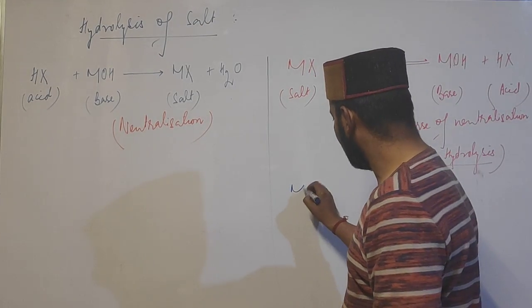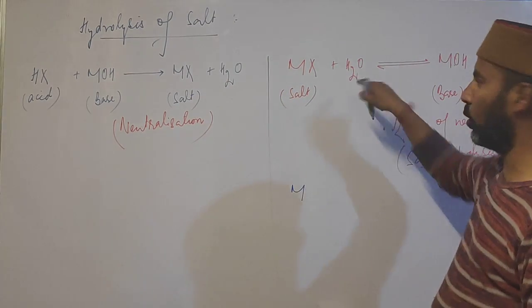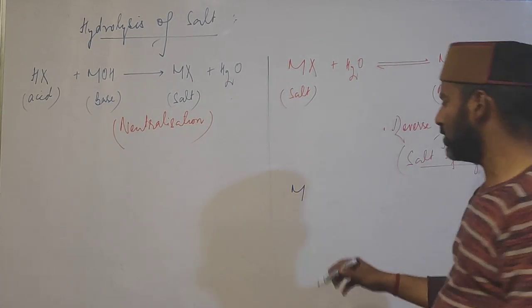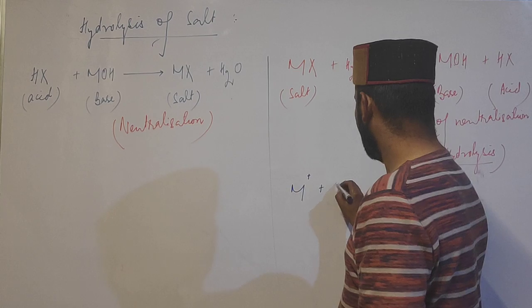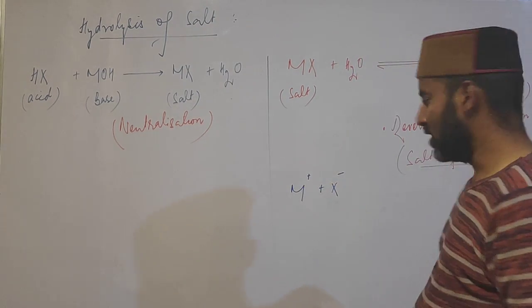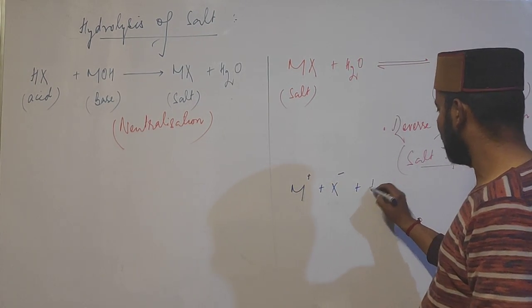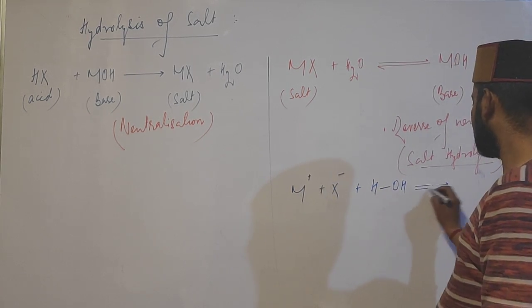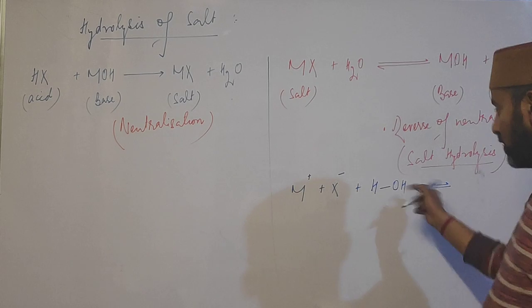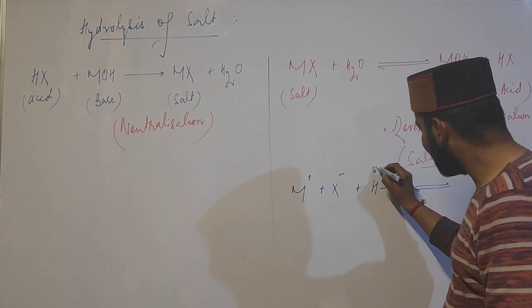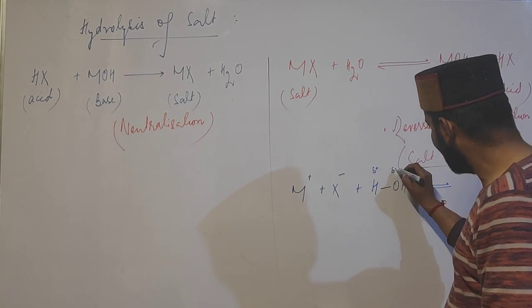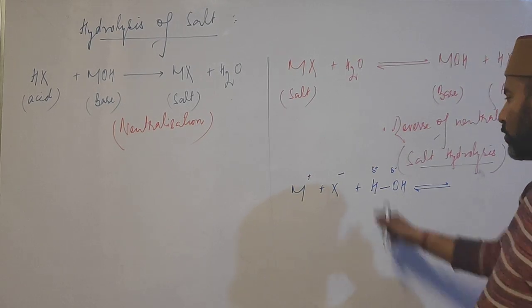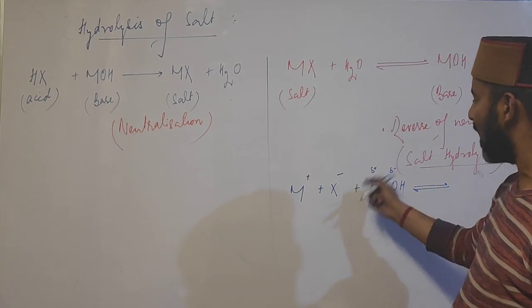When we dissolve a salt in water, first dissociation occurs into constituent ions, and then what happens is that we know that water is a polar compound. H has a slight positive charge and oxygen has a slight negative charge. So these ions in the solution start interacting.